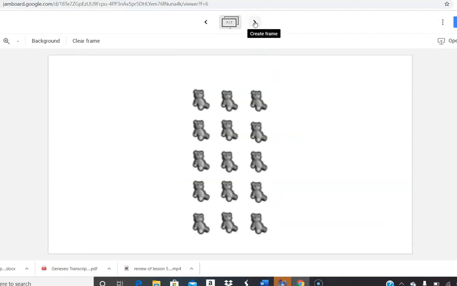Let's look at the same picture, but this time I want you to think about the columns. How many columns are in this?